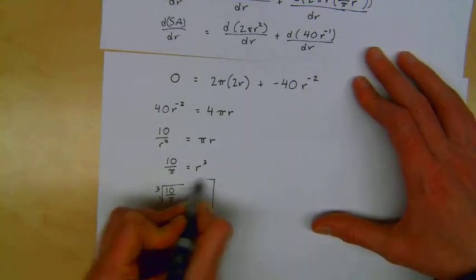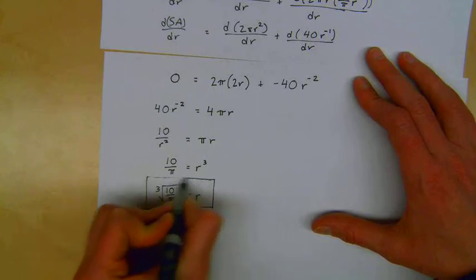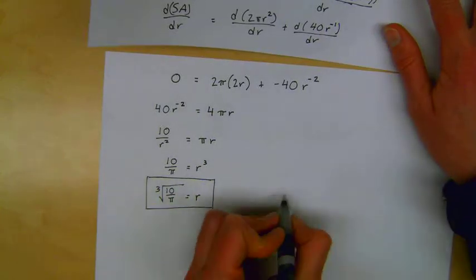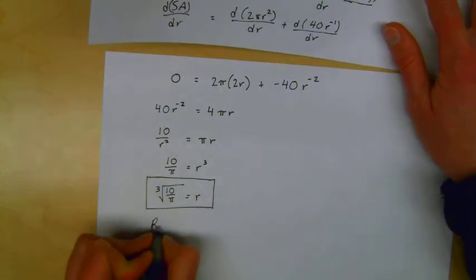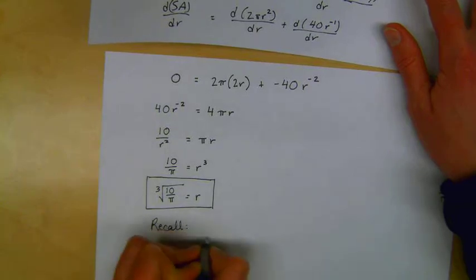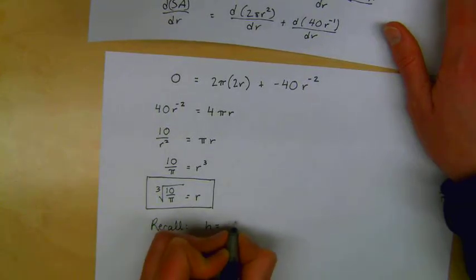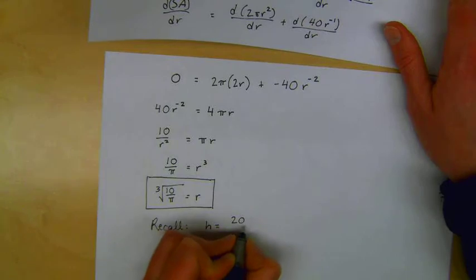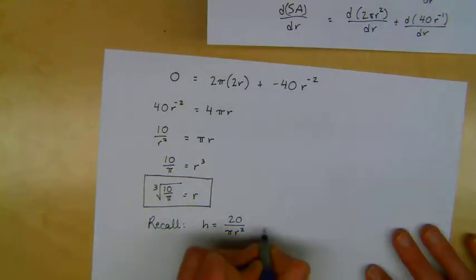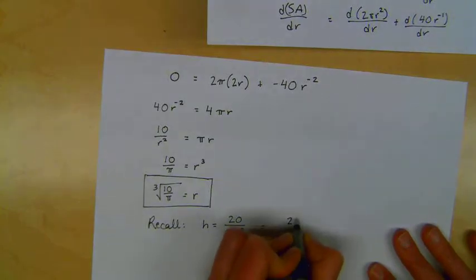Now that I have the radius value, I can go back to our auxiliary equation. Recall that h was equal to 20 divided by pi r squared. Plugging in this value, it ends up being pretty messy.